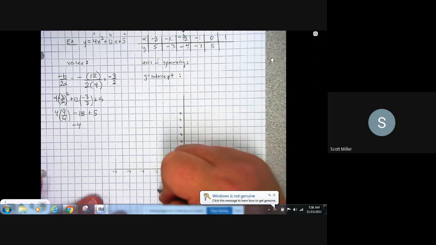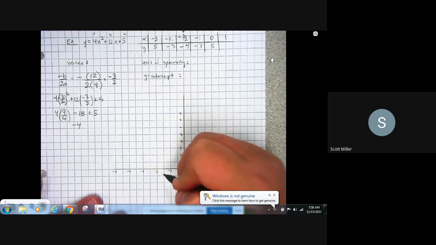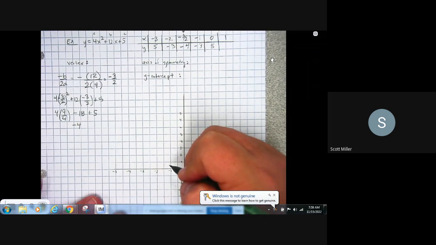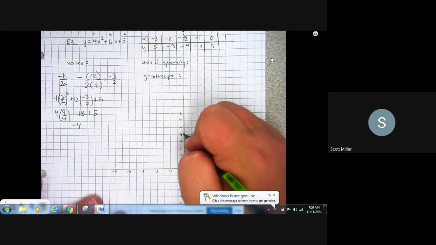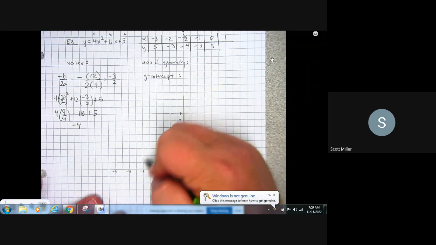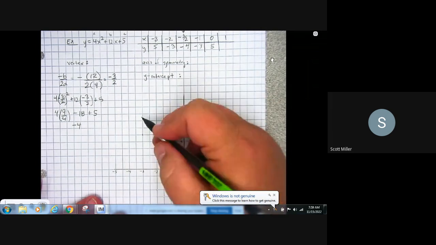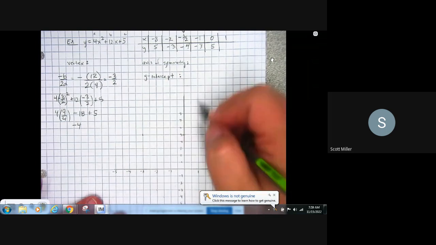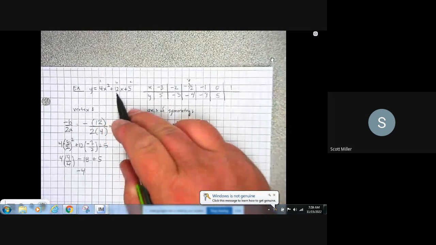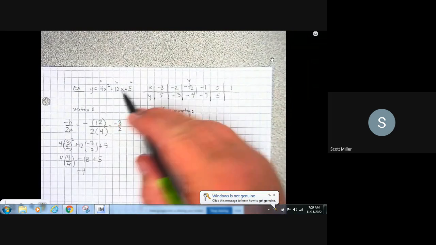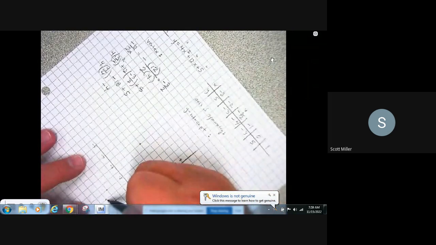Negative 2 goes to negative 3. 0 goes to 5. And negative 3 goes to 5. So you can see the shape right there. Okay? If I put a 1 in here, you can see it's going to be very large. It's going to be beyond the scale. Okay? So we draw our curve.